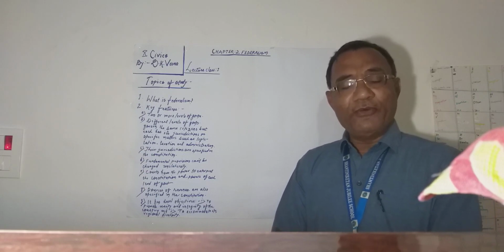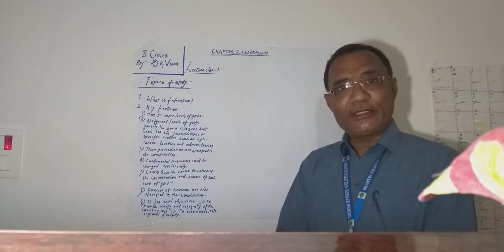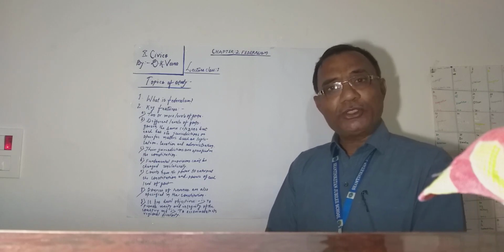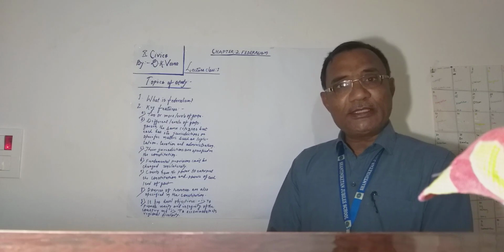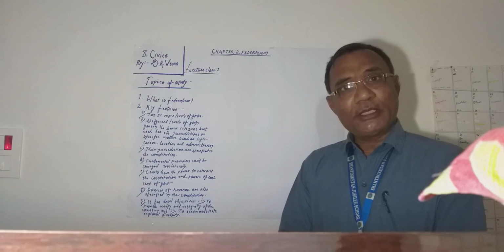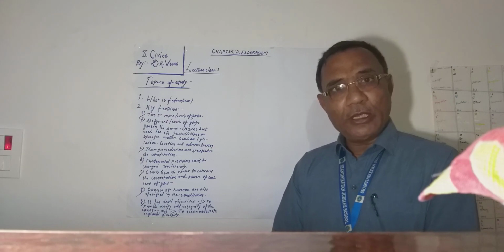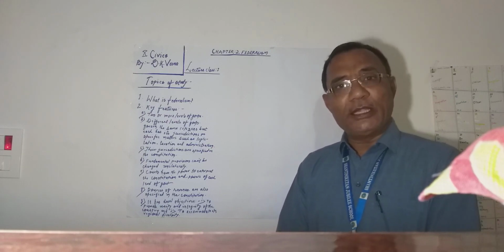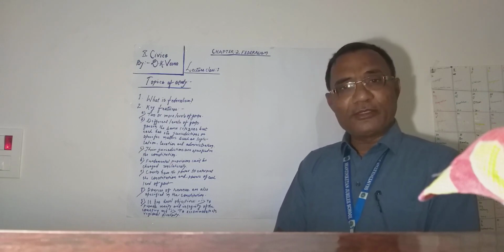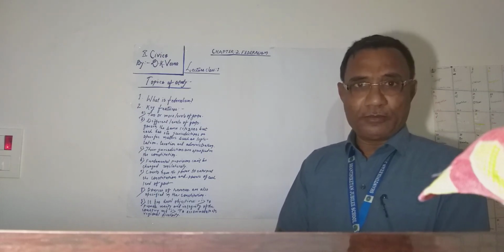Actually, state governments, which are also known as the provincial governments, are the nominated governments by the central government. They have got their powers and positions as given by the central government. So, state governments are not the elected governments. They can't do as they wish. They have to work as per guidelines and directives of the central government, as well as they get the resources and powers from the central government.